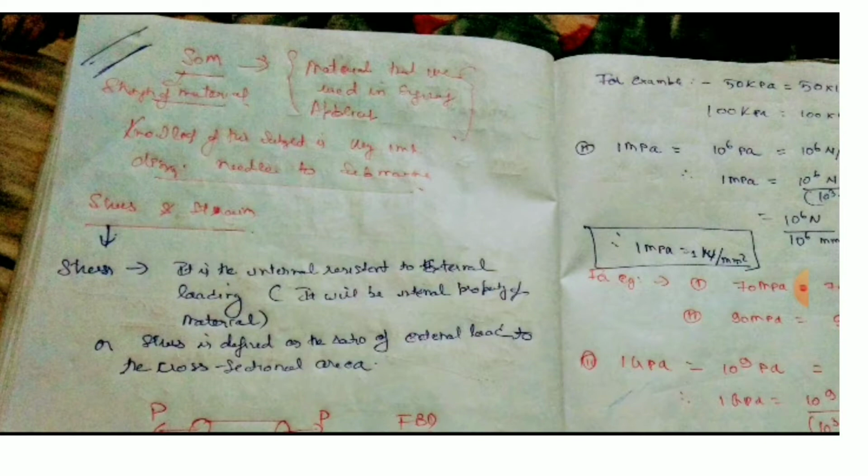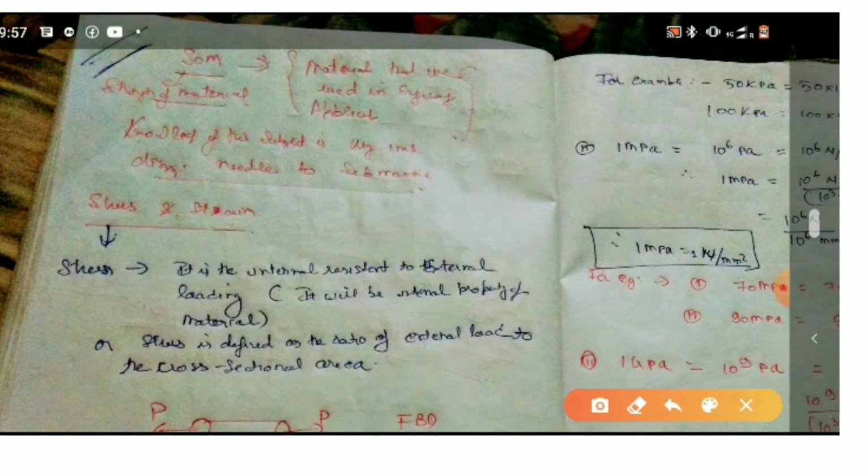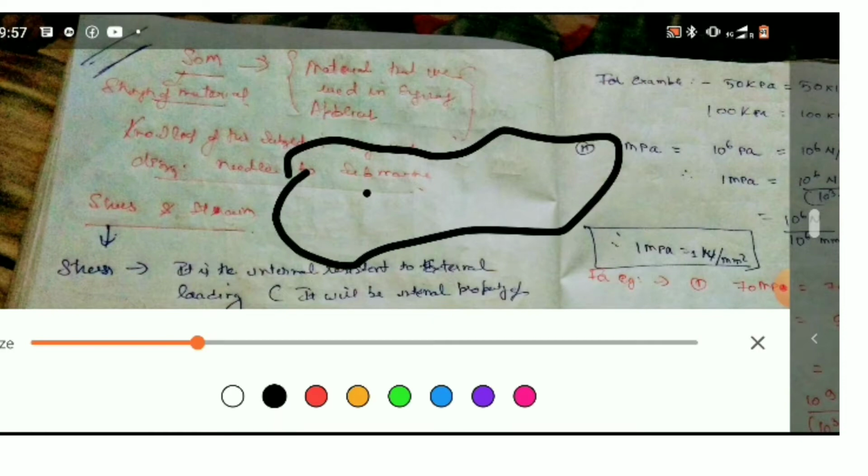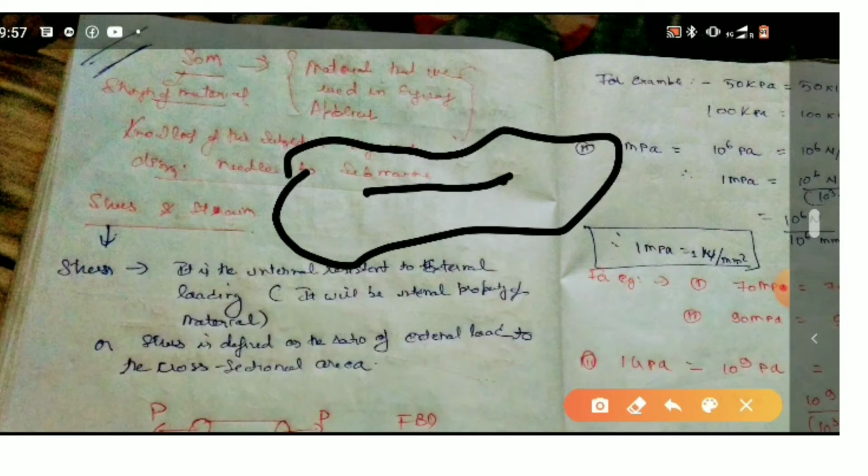First you have to understand the difference between them. Suppose there is one body and I have located two points, A and B. If the distance between these two points does not change when we apply any external force or external moment, the body will not change its position, size or orientation, then it is called a rigid body.